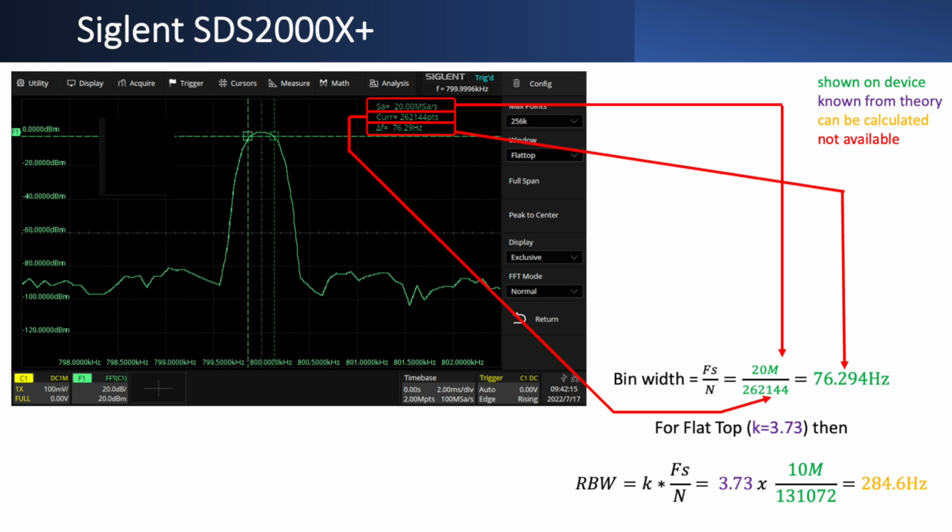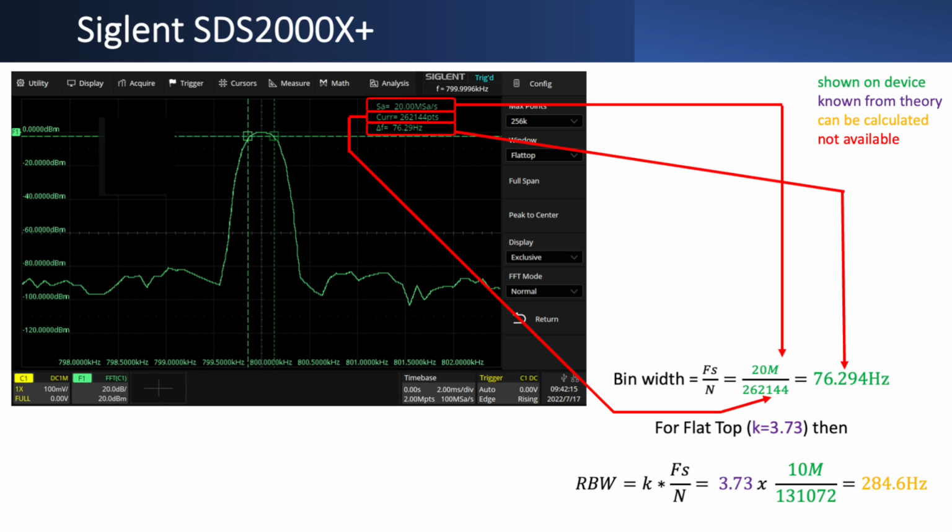Now let's go to our oscilloscopes and see if it makes sense to apply these formulas. I'm taking an input signal of 800 kilohertz, simply a sine wave, and feeding it to the oscilloscope. I'm going to look at what values the oscilloscope shows us and try to plug them into the formulas. On the right bottom you see exactly the two formulas I showed on my previous sheet.